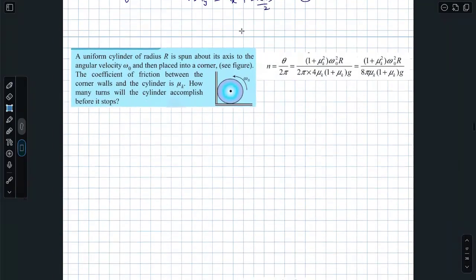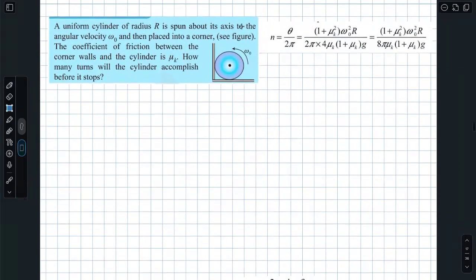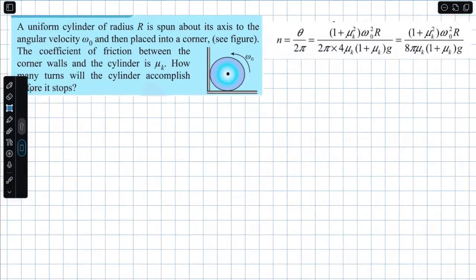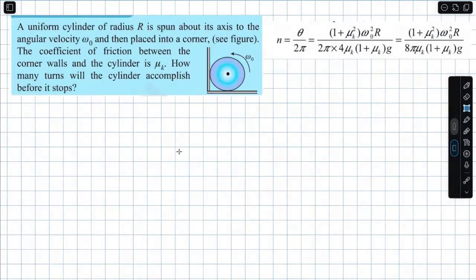It's an excellent question. Please go through this. Read the question properly. You have a uniform cylinder of radius r.